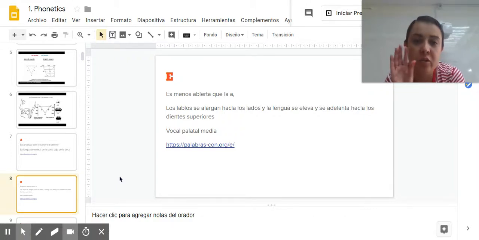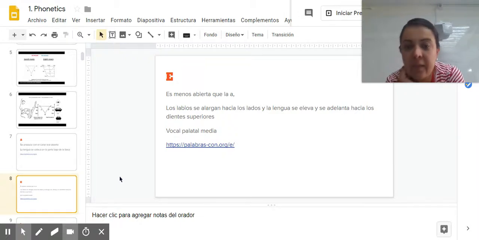This time you are going to close your mouth a little bit, and look how your lips move a little bit more. Your tongue goes to the top, a little bit closer to your superior teeth, and you feel how it goes to the sides.